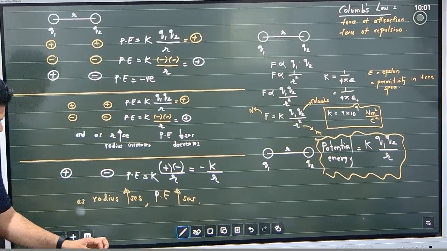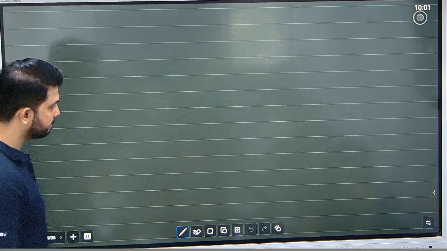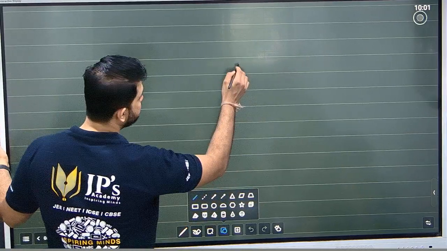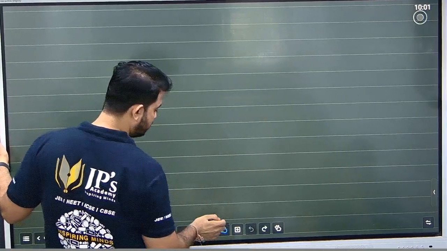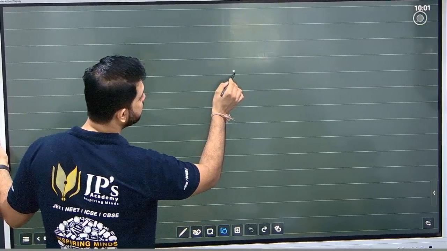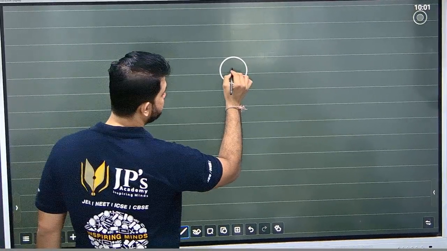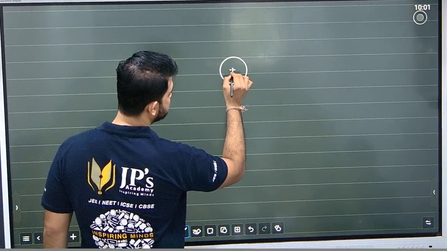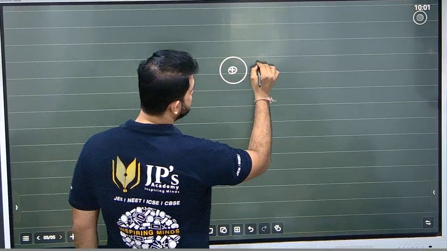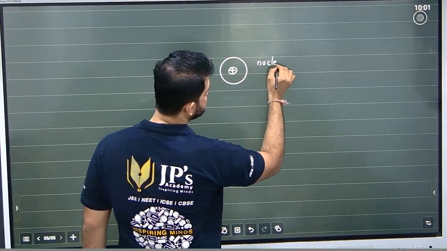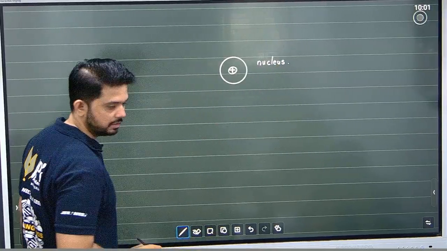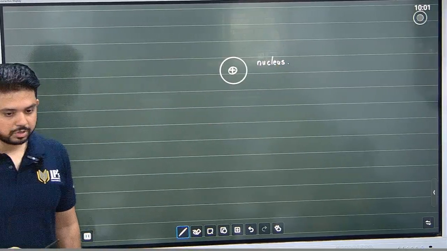Now what is distance of closest approach? We know that 1 in 20,000 particles came backward or bounced back. This is your nucleus. What is the charge on the nucleus? I repeat, what's the charge on the nucleus, people?